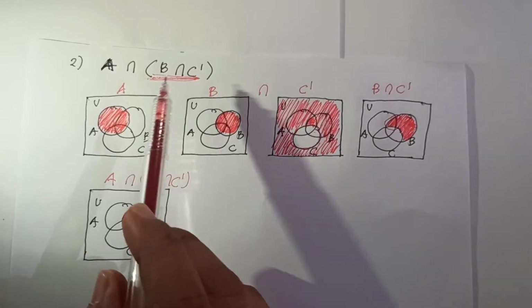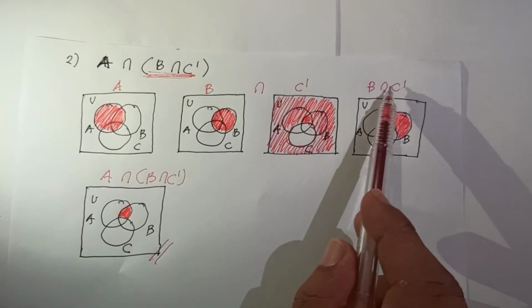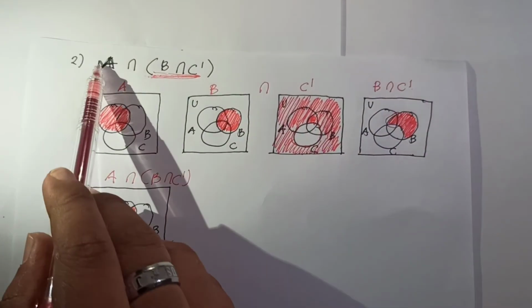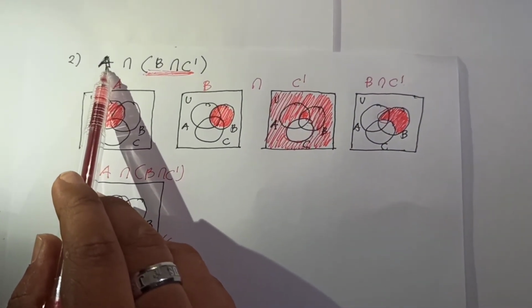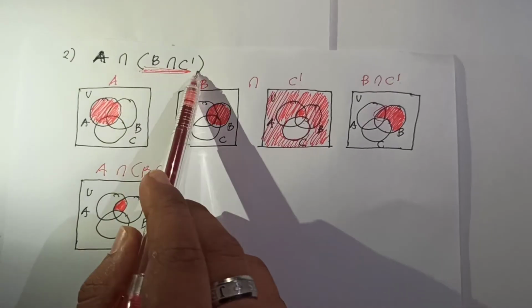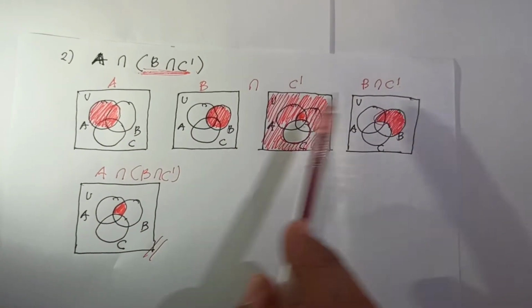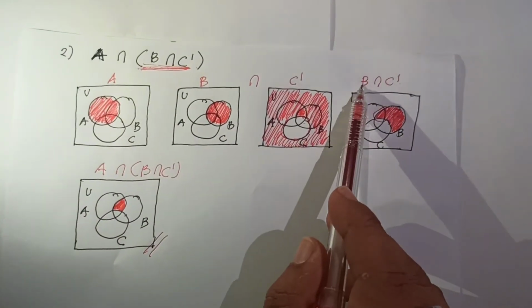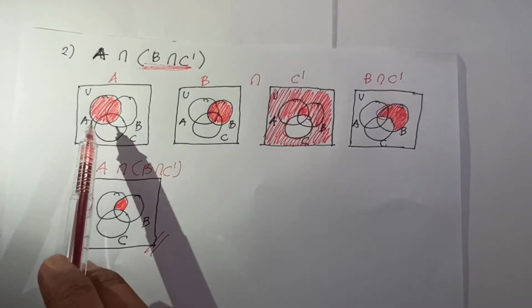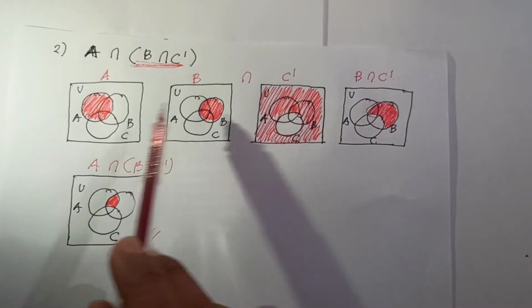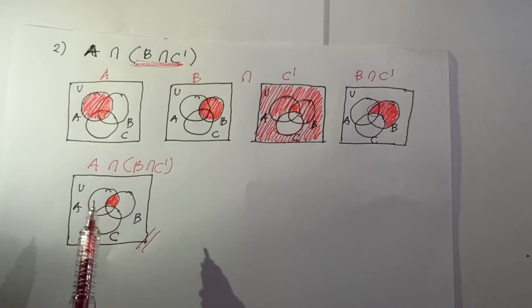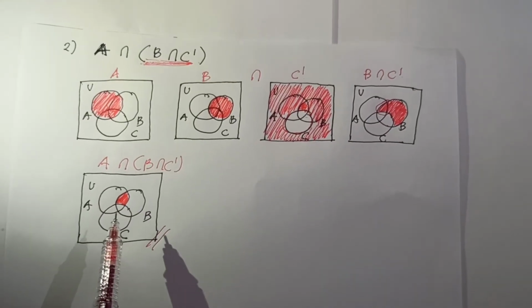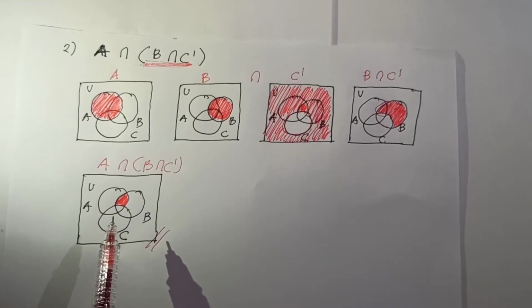And since tapos na po ito, we have to have an intersection between A and the result of this. So, the common only is this part. So, therefore, A intersection of B intersection of C prime. So, this is number 2.